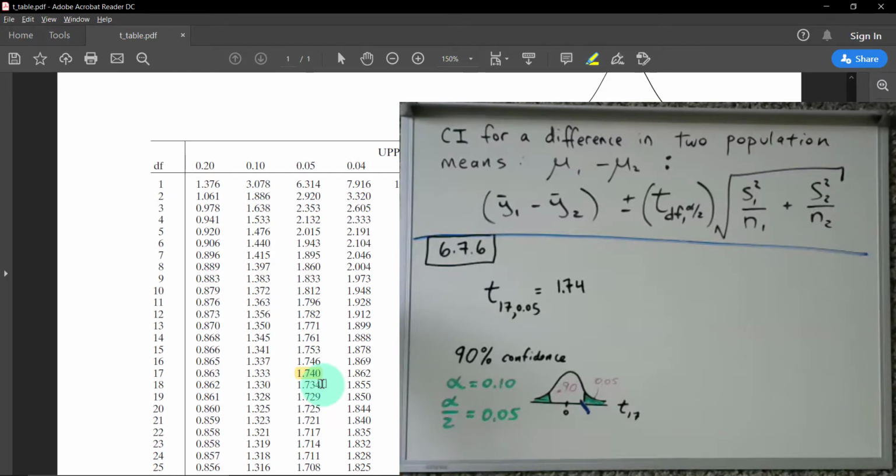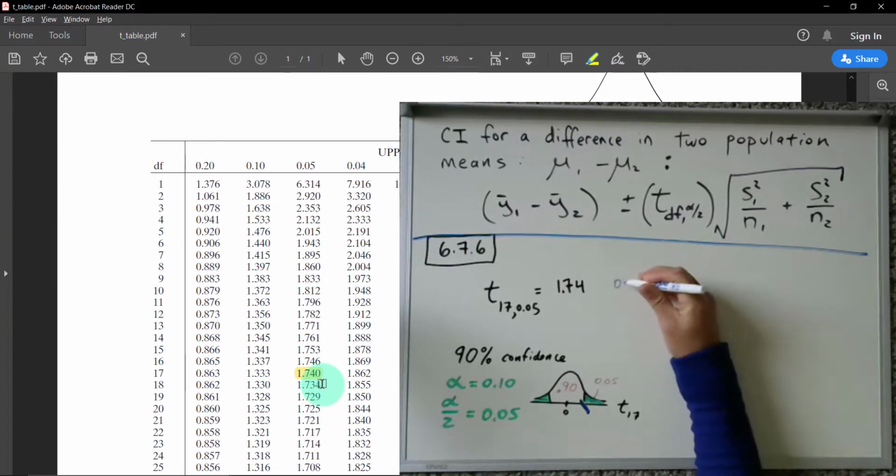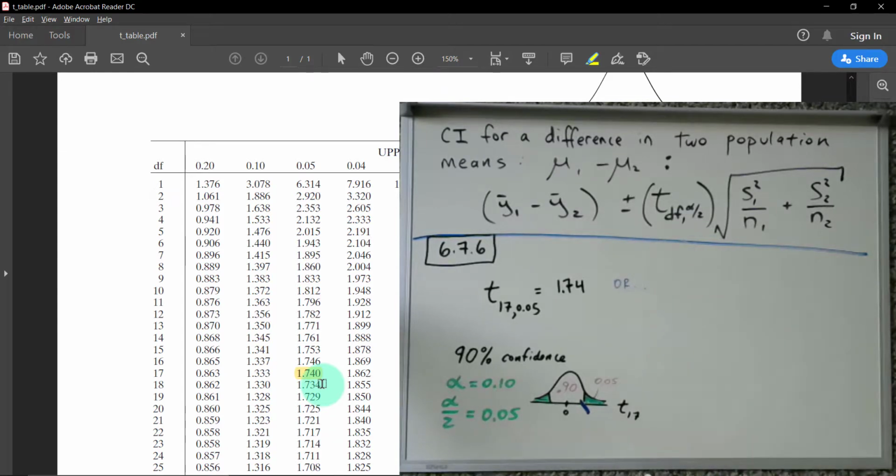If we wanted to find that in R, let's think about it, we would want to use the QT or the PT function. Well, remember PT or pnorm or pbinom is a tool used to find probability, P for probability. We don't need that, right?